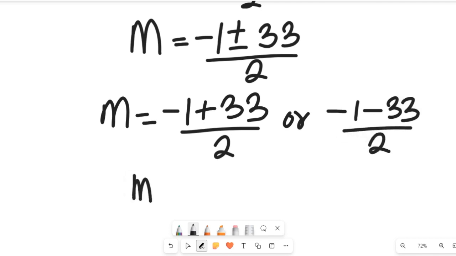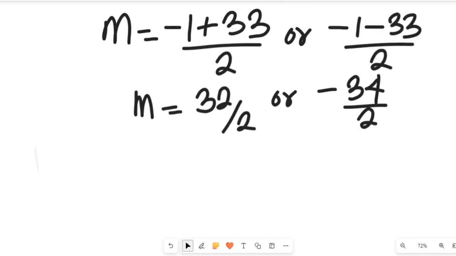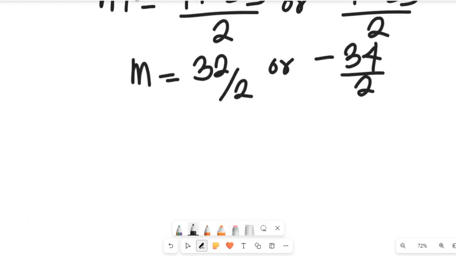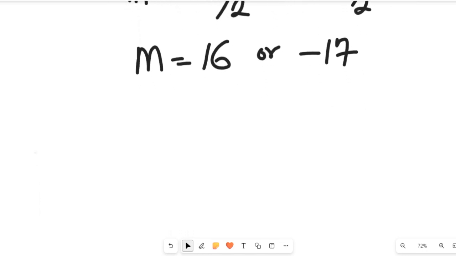So m will be equal to 32 divided by 2, or negative 34 divided by 2. Great. So m will be equal to 32 divided by 2, which gives us 16, or negative 34 divided by 2, which is negative 17. So the two values for m are m equal to 16 or negative 17.